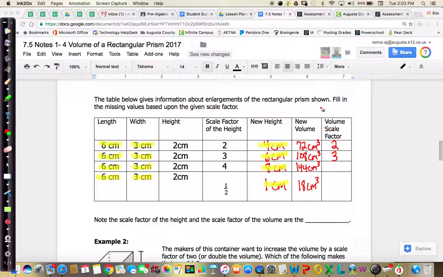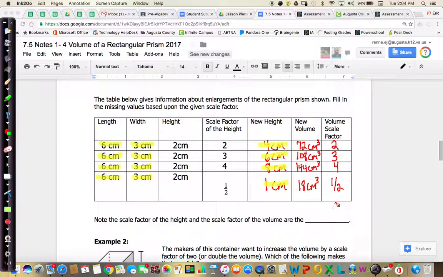The next one, you're trying to figure out how we got from 36 to 144. And hopefully you see that if you multiply 36 by 4, you would get 144. So we say the scale factor of the volume would be 4. And last but not least, if you want to get from 36 to 18, you would have to take half.